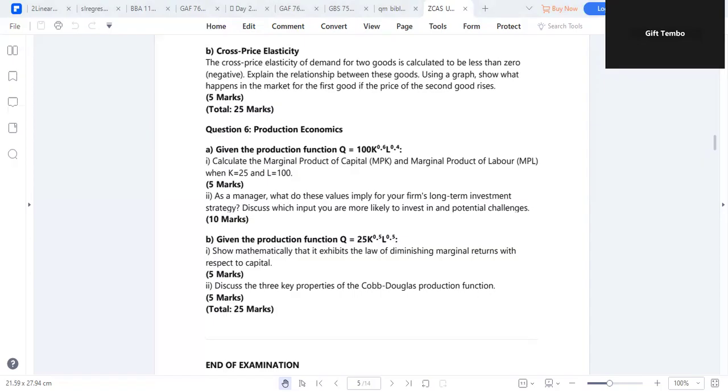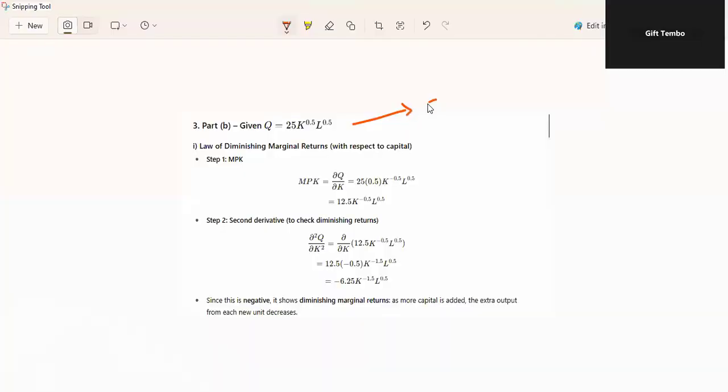How do we find the MPL and the MPK for that? In this case, dq over dk. This is our MPK, the marginal product of capital. So what is our dummy? Our dummy is L to the 0.5, right?